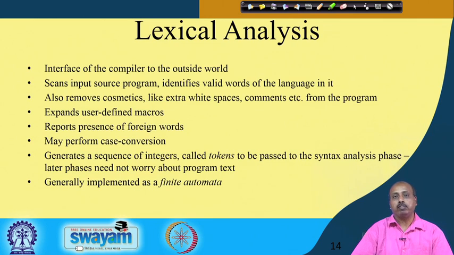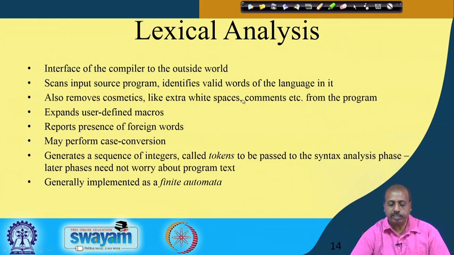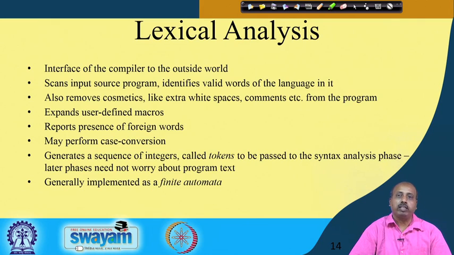As I said, the compiler subject is very much dependent on automata theory, and this lexical analysis tool uses finite automata for its construction. We will see there are different types, non-deterministic finite automata, deterministic finite automata and so on, and the lexical analysis tool can be built around those.